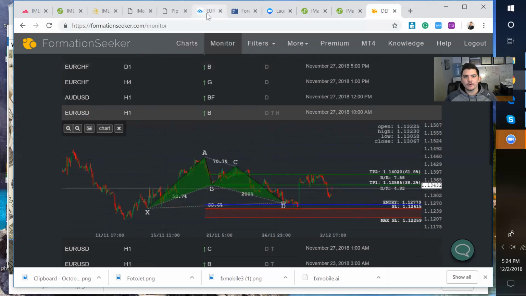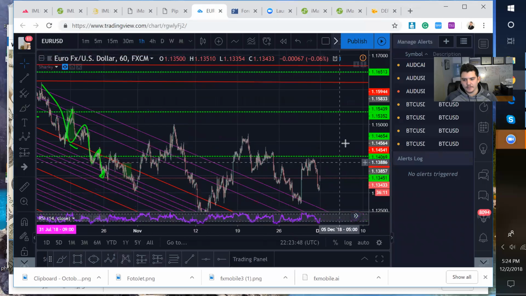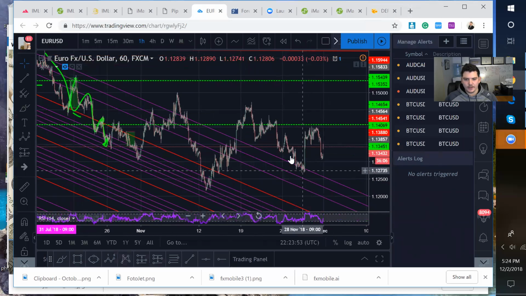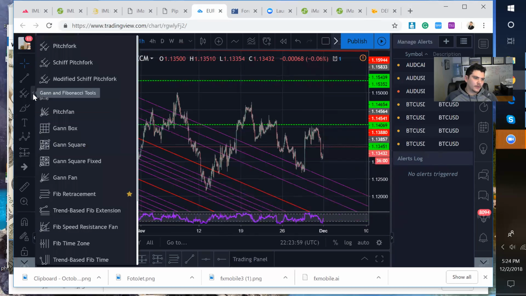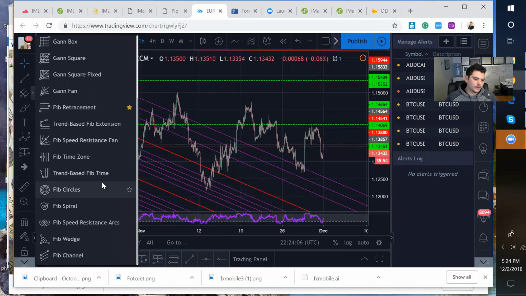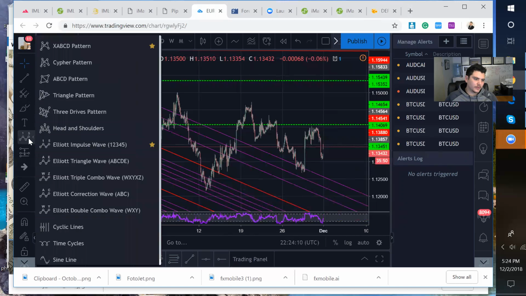Now I'm going to move over to TradingView, and I'm going to go over to current time. Here's current time, and here's that harmonic pattern that we were looking at. So we're going to go over here, and where there's pitchforks, let's see if we can find harmonics here.